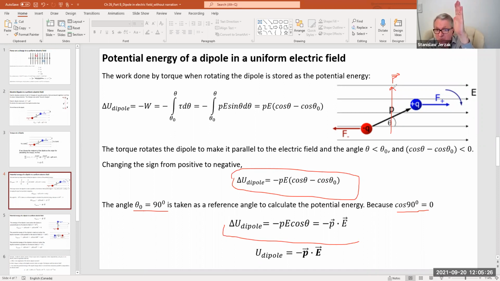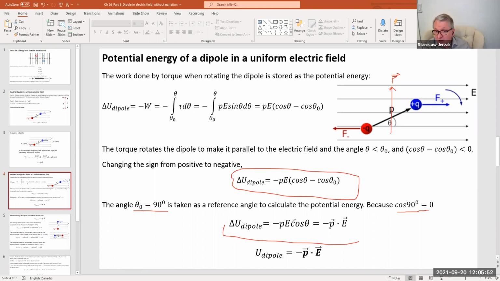We assume that the energy of the dipole when it's perpendicular is equal to 0. So under this assumption, the change of potential energy when the dipole is rotated from the perpendicular orientation to a new orientation can be written as negative PE cosine theta.